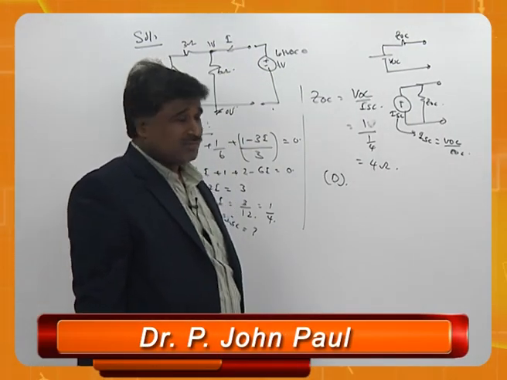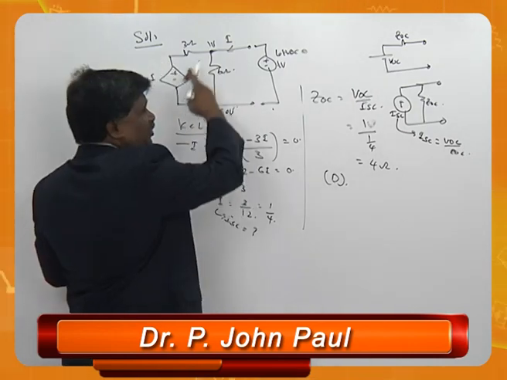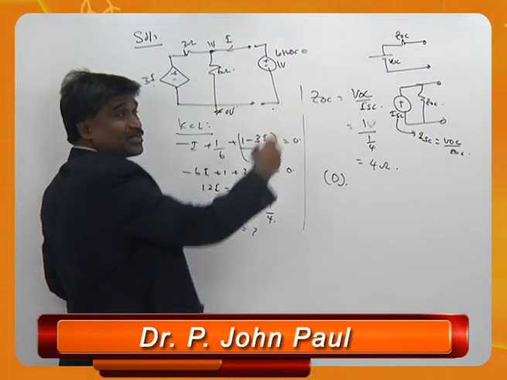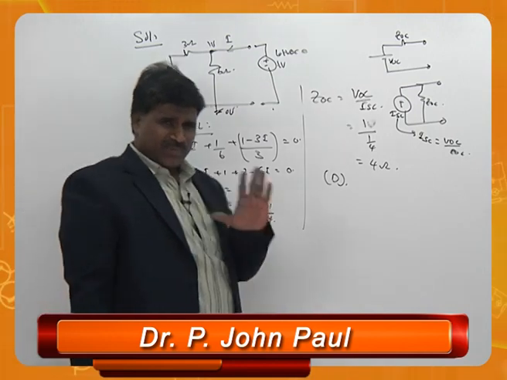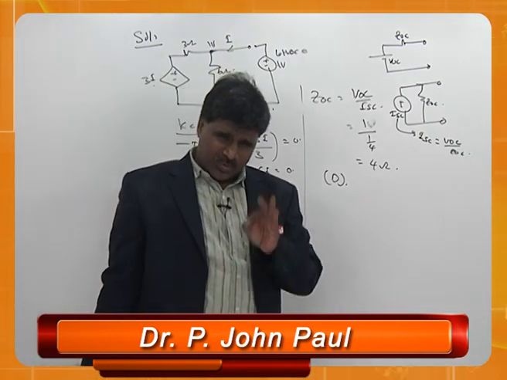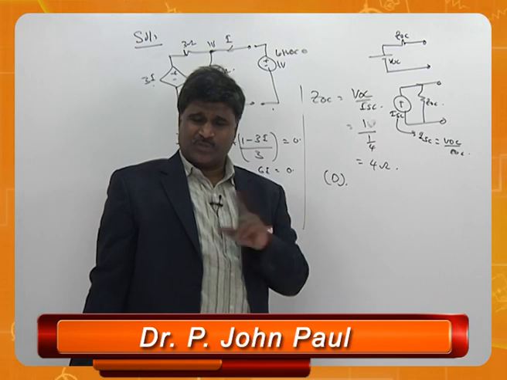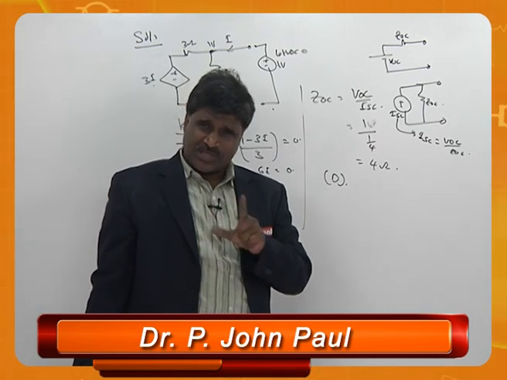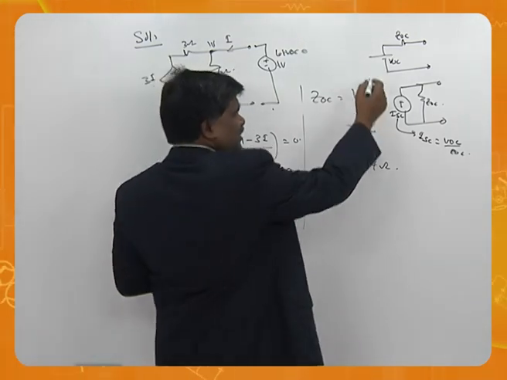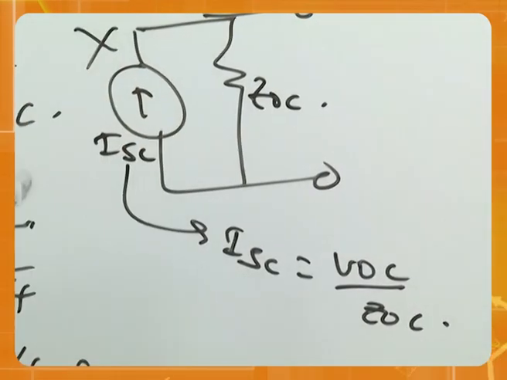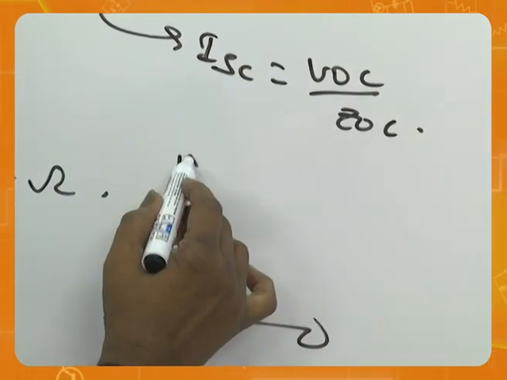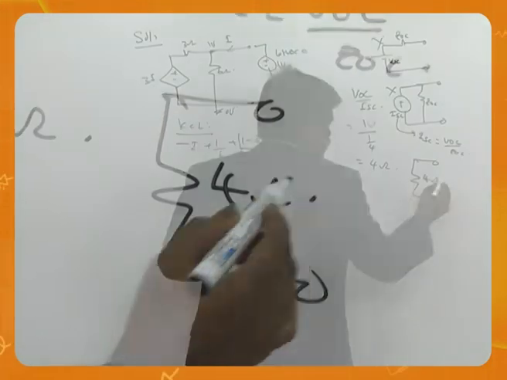Both are wrong, because when there is no independent source, how can the source come? So please remember, when the circuit is purely dependent, you will never get VOC or ZOC. So this is not correct. This is not correct. The best one is this: just 4 ohms.